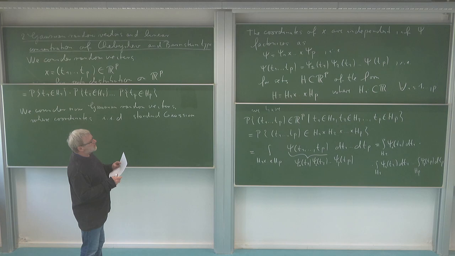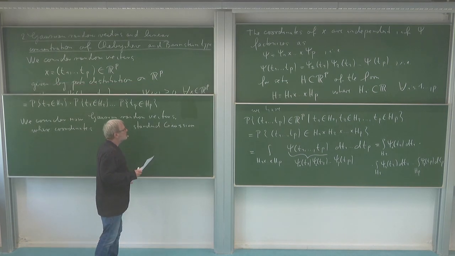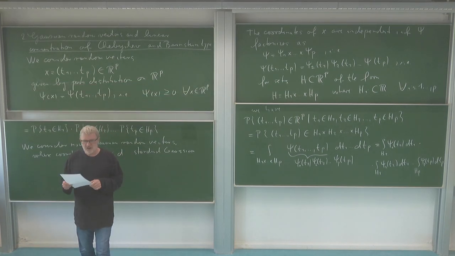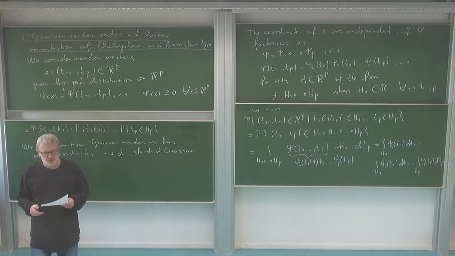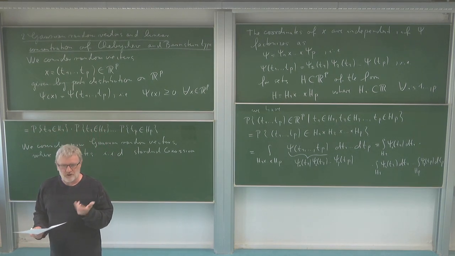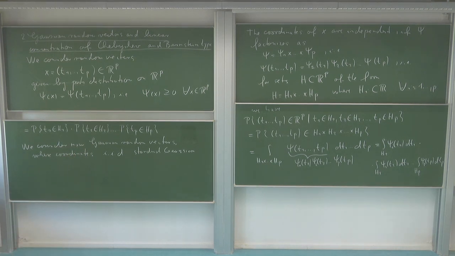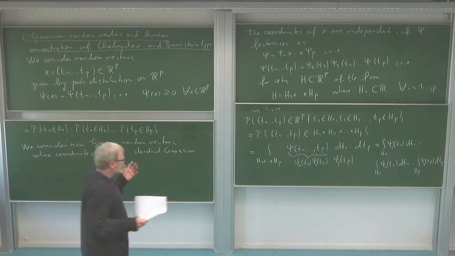Good. Okay, but then I think I'm ready to write down the definition of our standard Gaussian random vector, the one which we want to consider in the following, and for which we want to show concentration results. Let me first define it very precisely by giving you precisely the density.